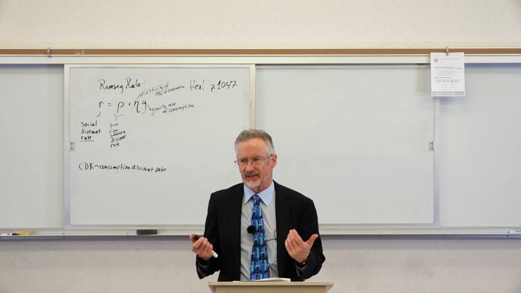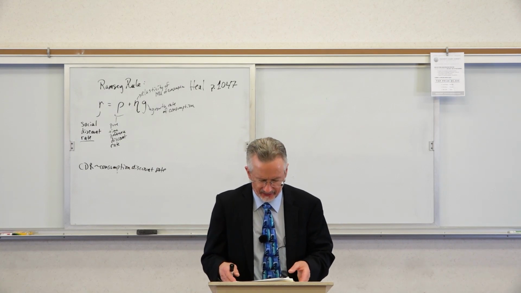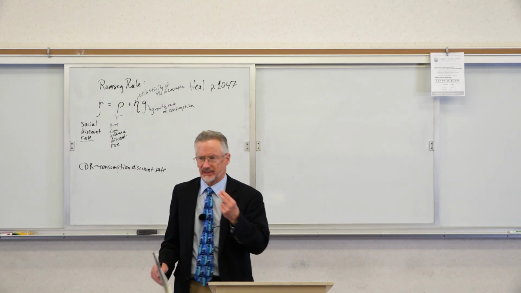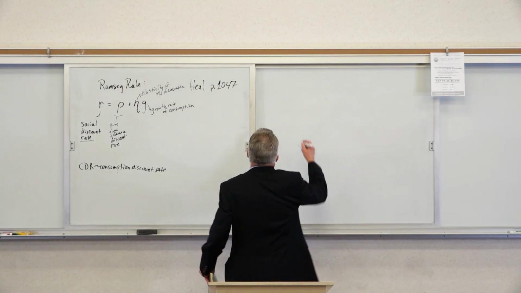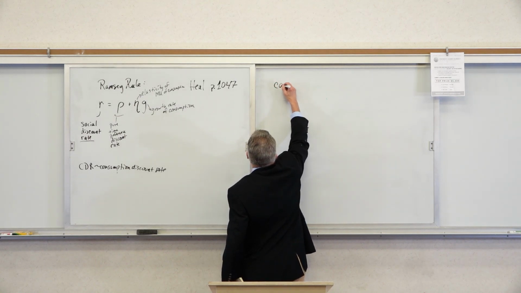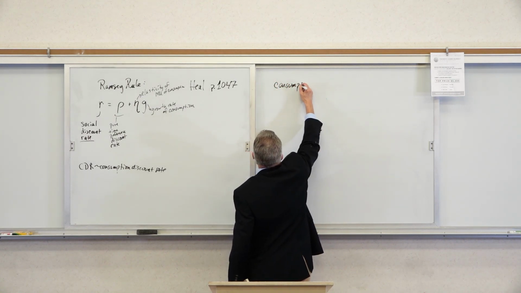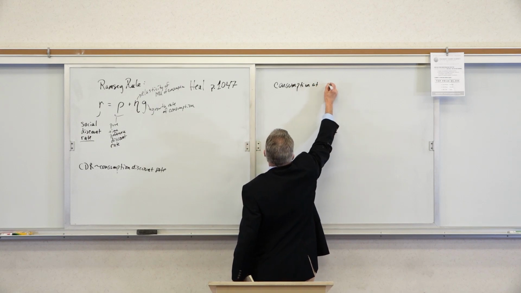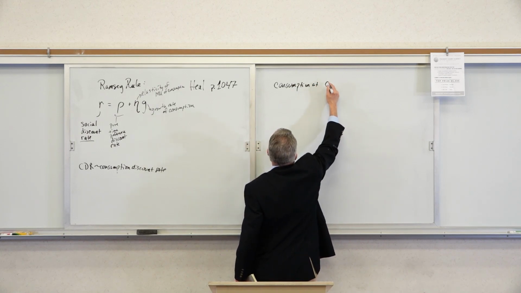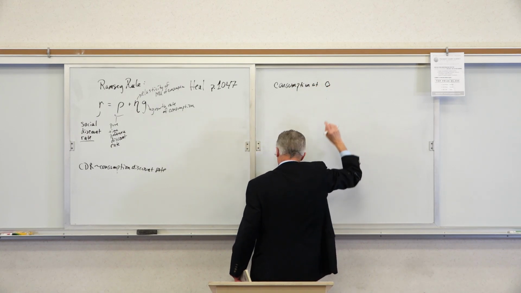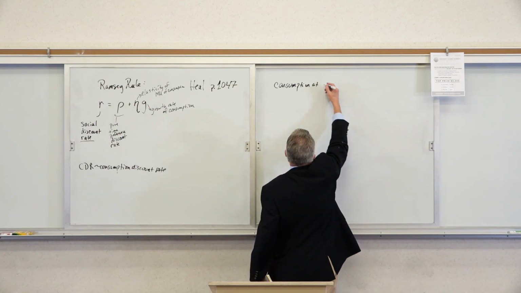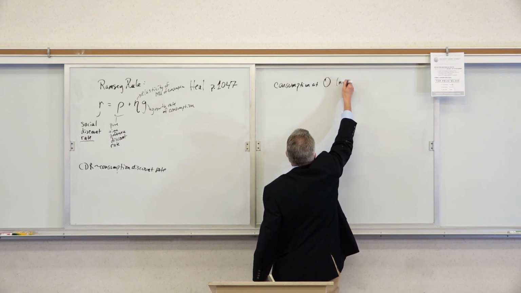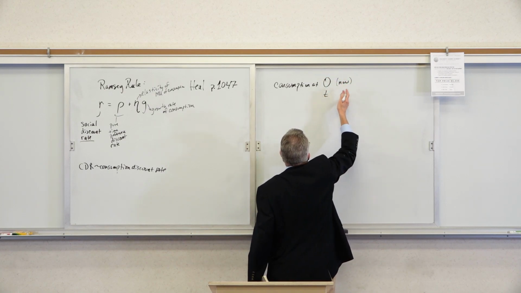And here's the logic of the whole point of what's going on here. Suppose we consider consumption at two different points in time. We're going to consider a unit of consumption at time 0 and at time t, and t is greater than 0.